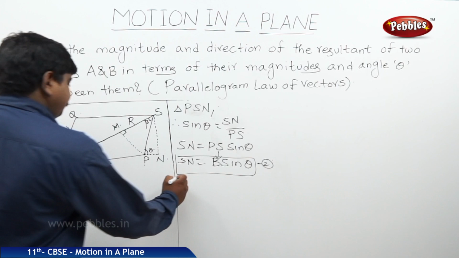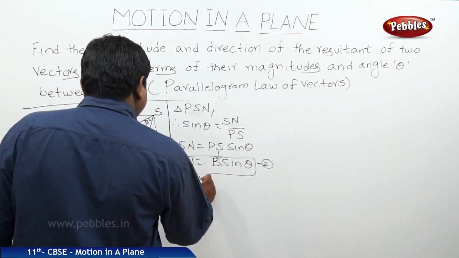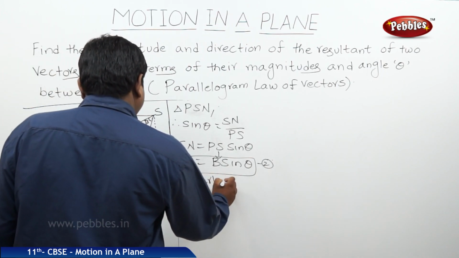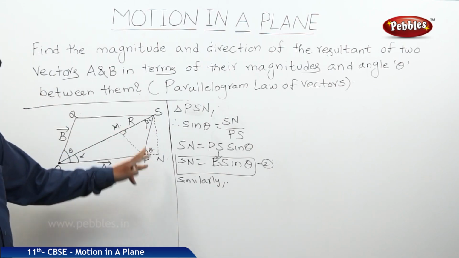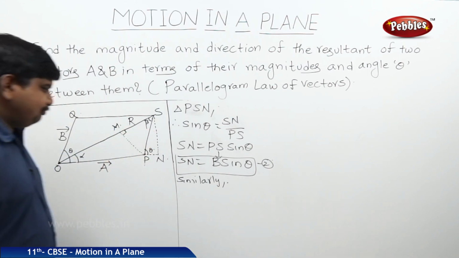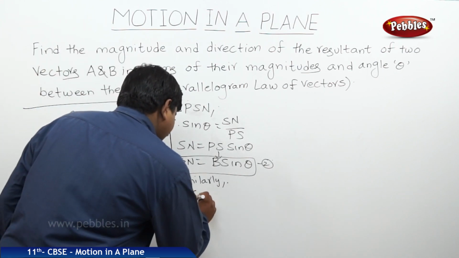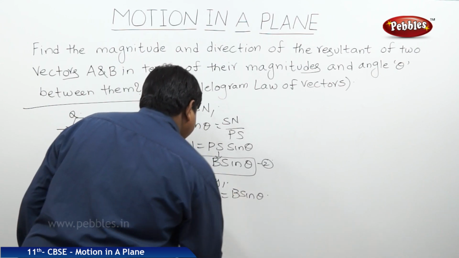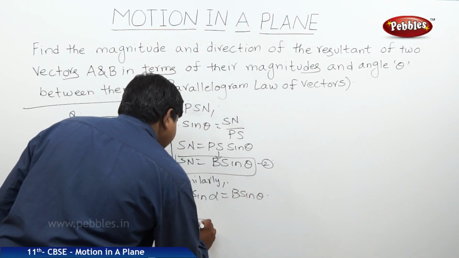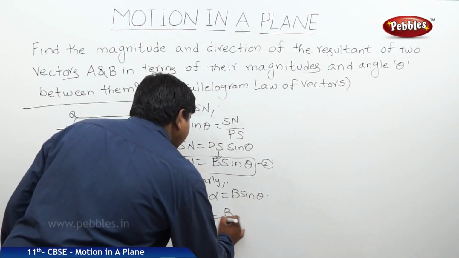Similarly, R sin alpha is equal to B sin theta. From this, R by sin theta is equal to B by sin alpha.